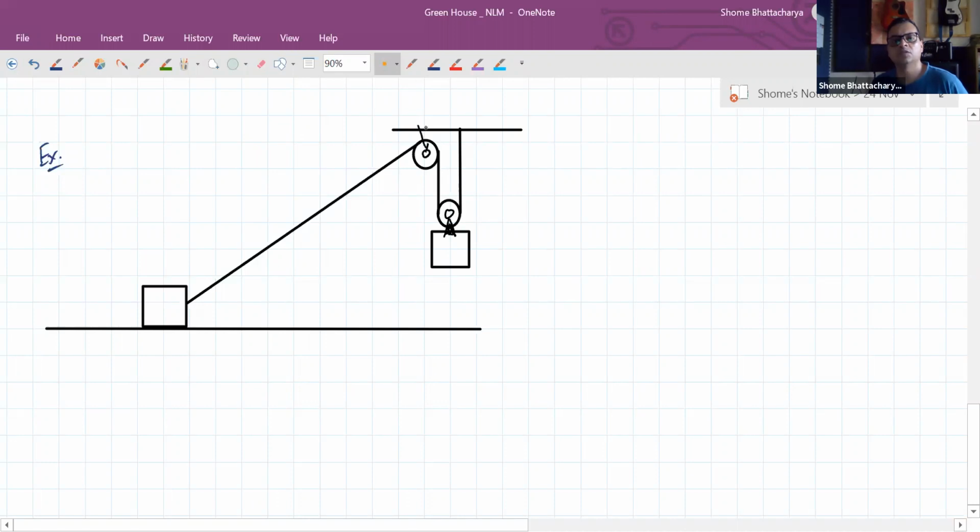Okay, so we have a combination of two blocks in our system, which are like this. Now the angle that this thread is making with the horizontal at some instant is theta, and this is moving horizontally while this is moving vertically downwards.